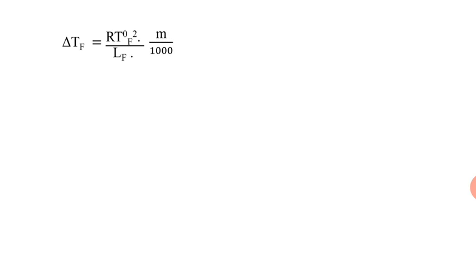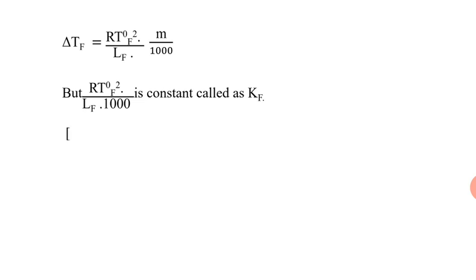Now delta TF is equal to R T0F square upon LF, m divided by 1000. Here R T0F square divided by LF into 1000 is a constant called KF. Therefore delta TF is equal to m into KF. This is our last equation, equation number 9, and we prove that delta TF is equal to m into KF.